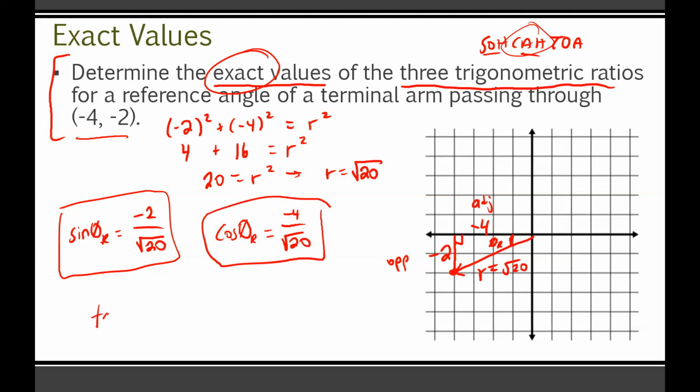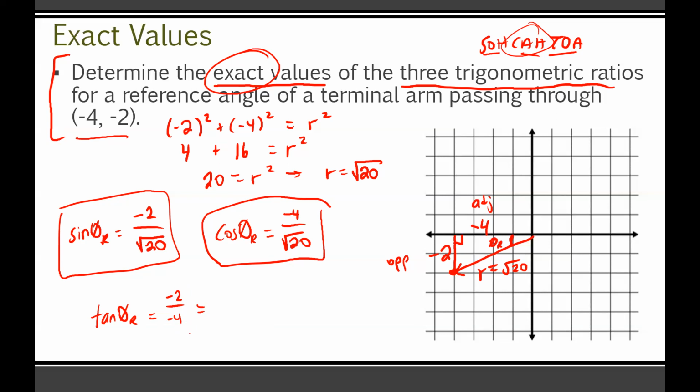Your third one here is going to be tan. Tan of theta r. Remember, tan from SOHCAHTOA is opposite over adjacent. The opposite side is -2 over the adjacent side, which is -4. Now, you could leave that as your final answer for tan, but we did one like this yesterday too. This would just be lazy if you left it like this. You can simplify that fraction. First of all, there's a negative on the top and a negative on the bottom.